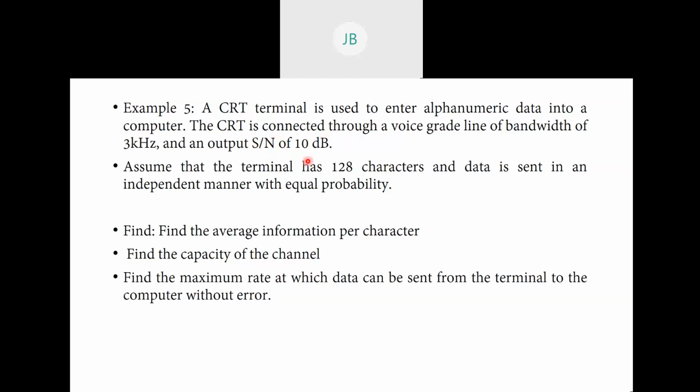But it is given in dB, so we need to convert it into a normal value. Another input given here is the bandwidth, and also 128 characters are input into the system, and they have equal probability. So let us try to find all these parameters from the given details.